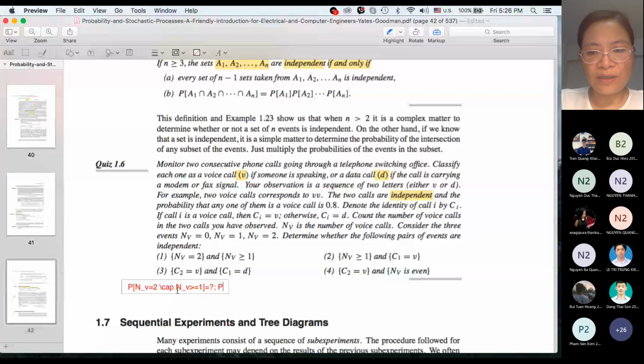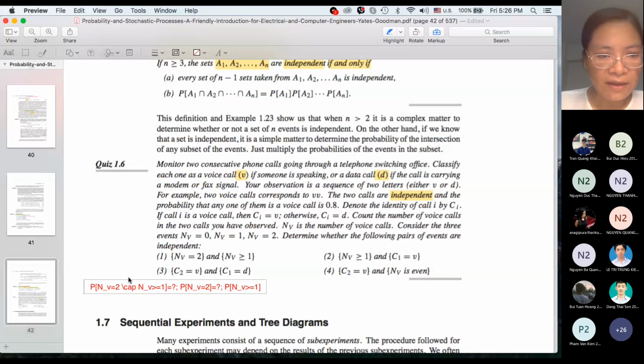And we need to find the probability of each event, V equals 2, and V greater than or equal to 1. If this probability equals this times this, we have V equals 2 and V greater than or equal to 1 are independent. The same with the other. Please do at home because we don't have time for this week.